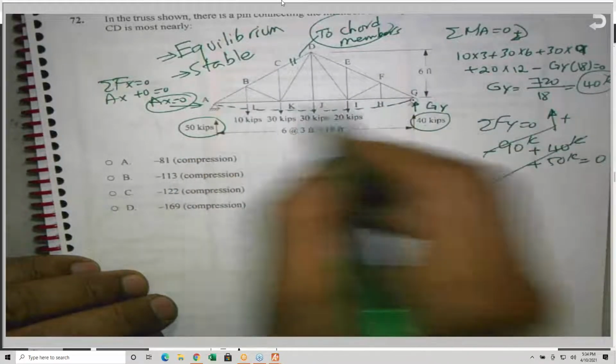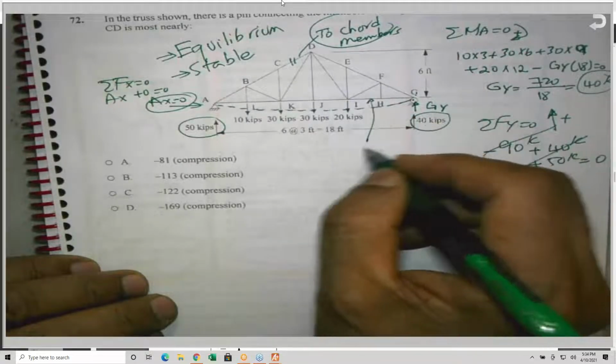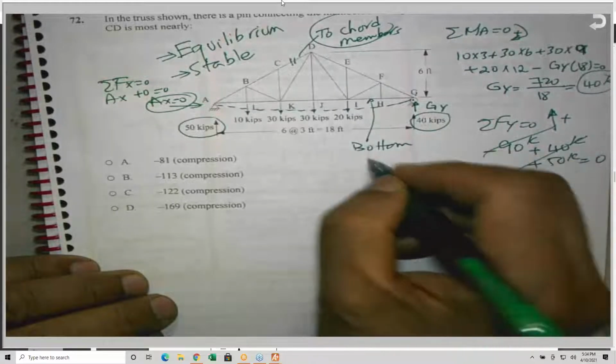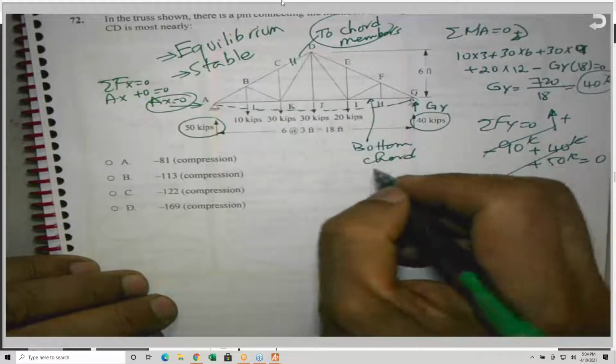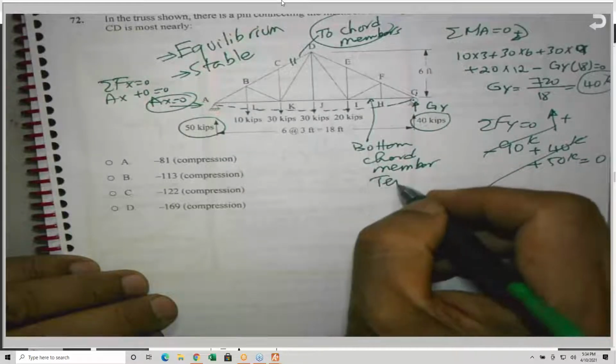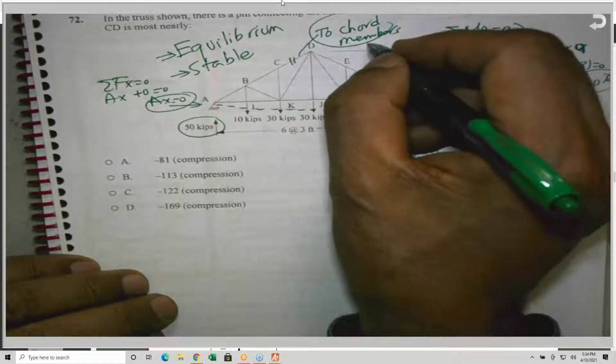This way you'll find the bottom chord members, all of them are in tension. And these are in compression.